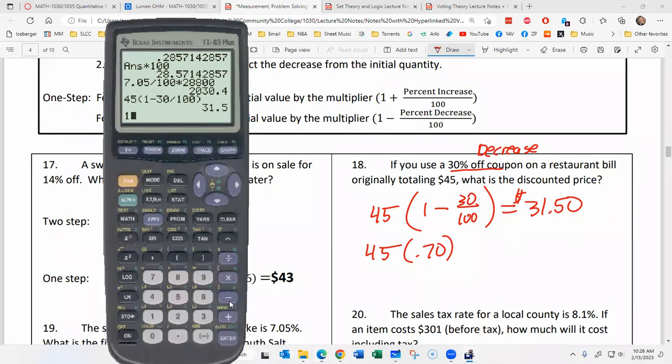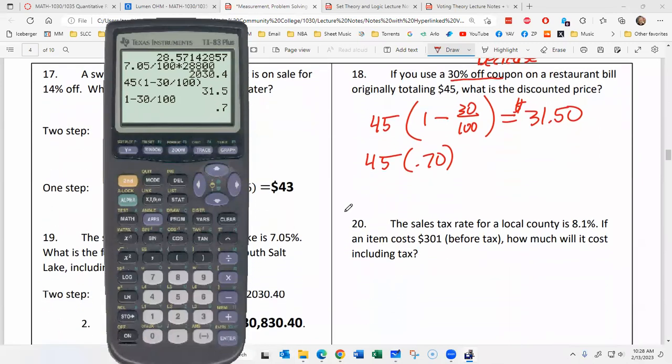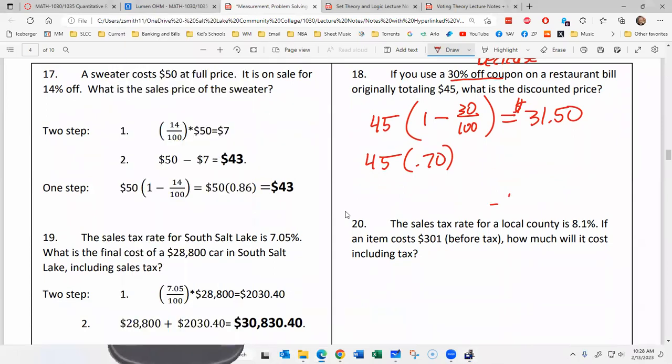And we can verify that. 1 minus 30 over 100 is 0.7. So this makes a very fast and efficient approach to the percent increase or percent decrease problems.